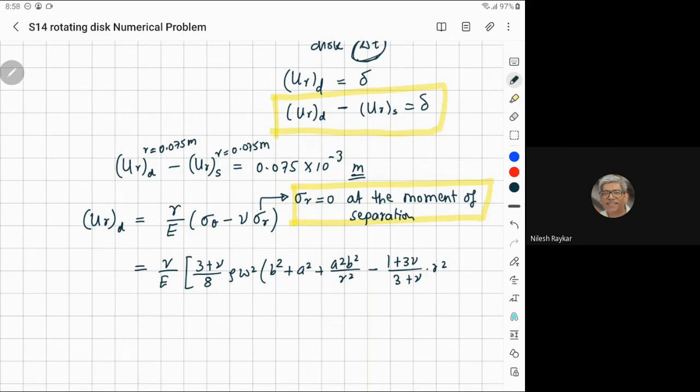So that is the first term, the sigma theta term, and minus nu times 0, so that is the sigma r term.